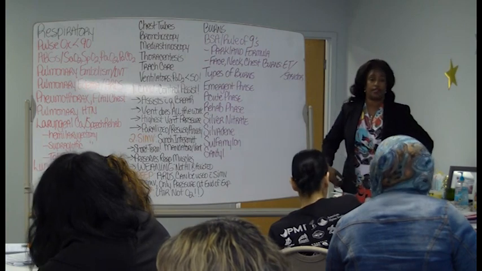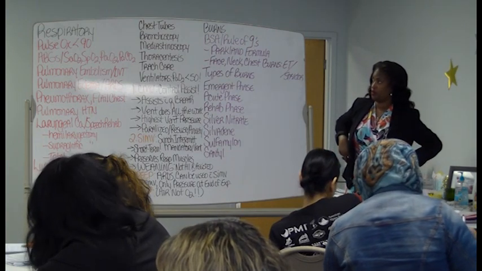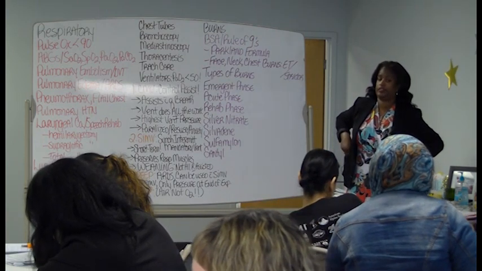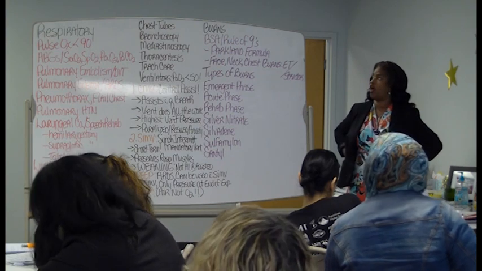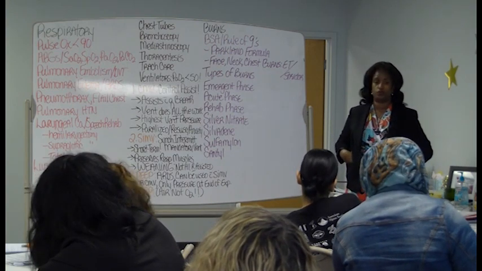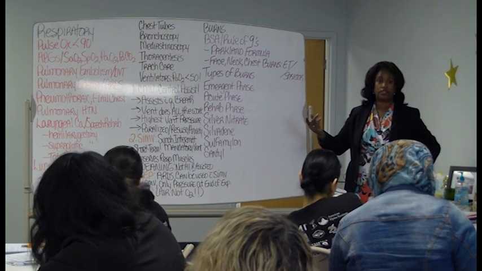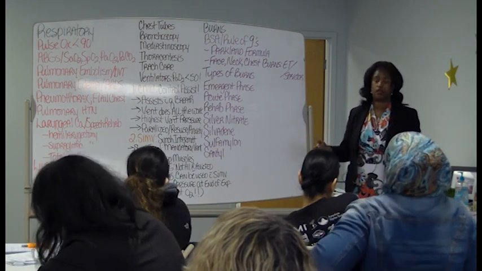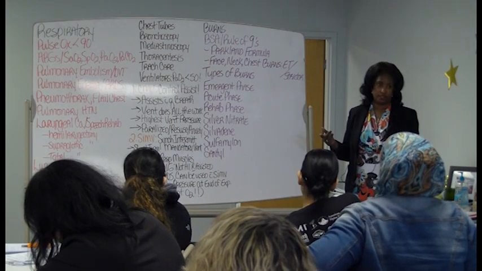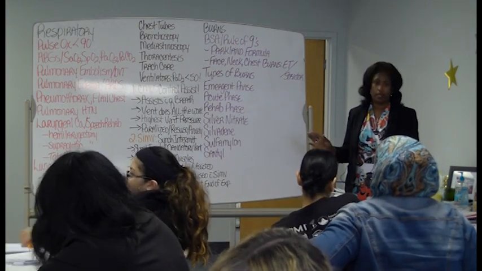So here's what we're saying. We're basically telling you that you have to understand all of these values, if you will. When we talk about pulse ox less than 90, a pulse ox is indirect. You didn't draw any blood.